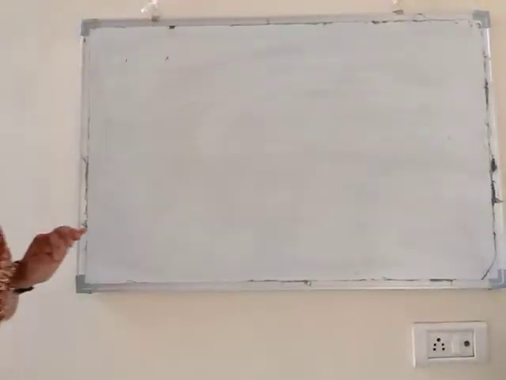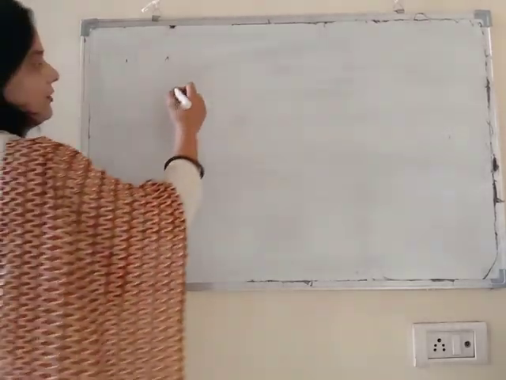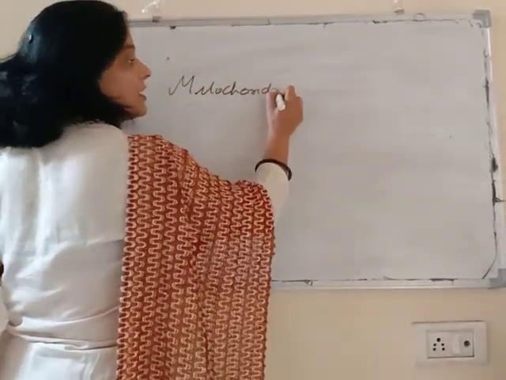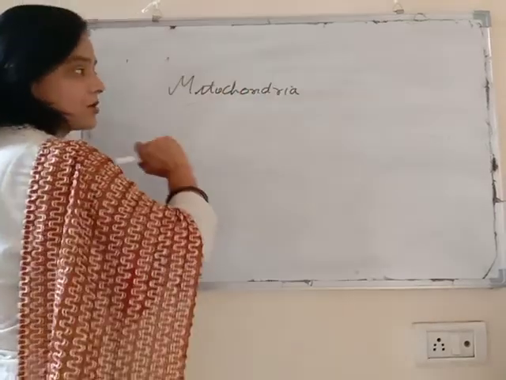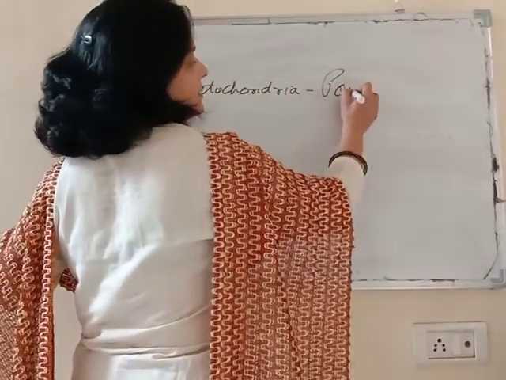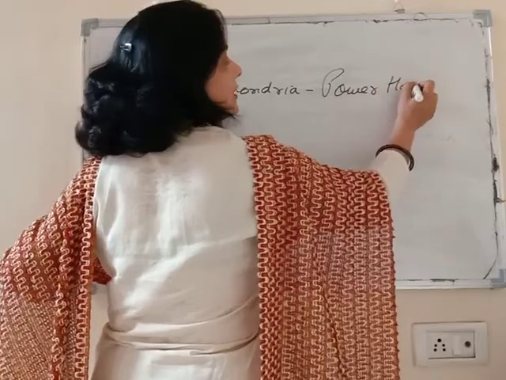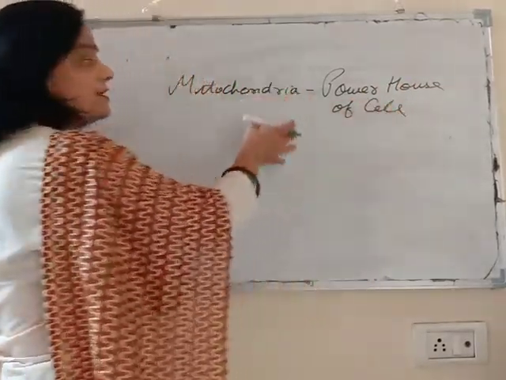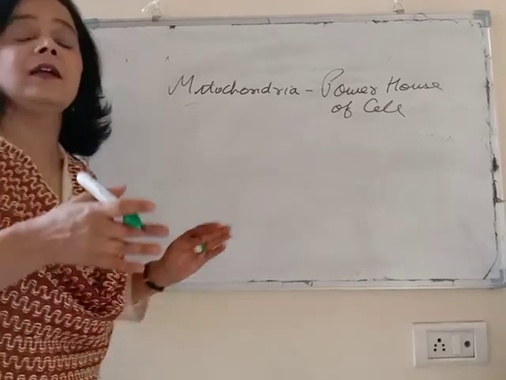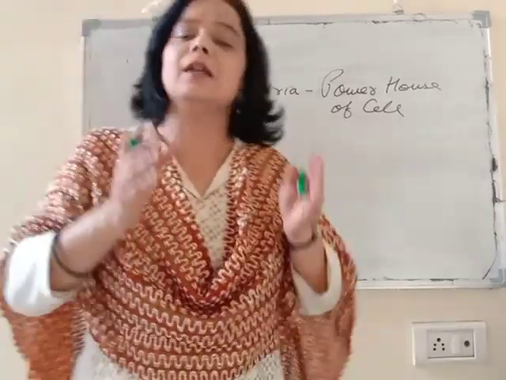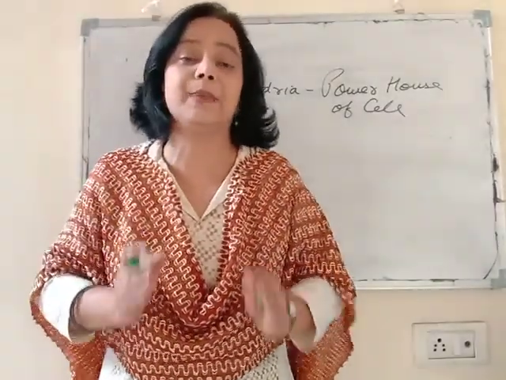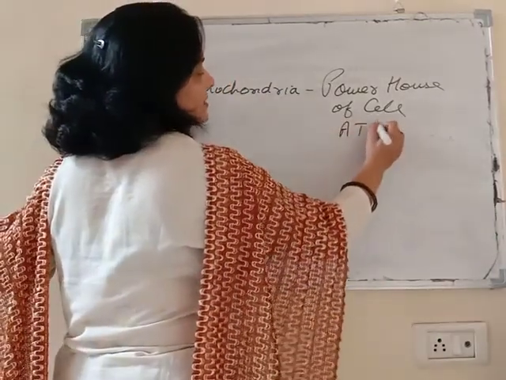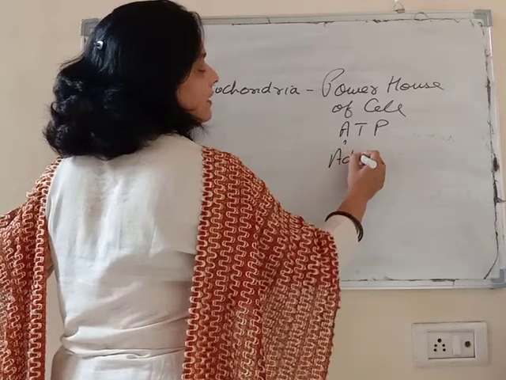Hope that is clear. So moving to the next organelle, let us take mitochondria. Mitochondria also has a nickname. It is called the powerhouse of the cell. Why is it called the powerhouse of the cell? It is because this organelle produces energy in the form of ATP, that is adenosine triphosphate.